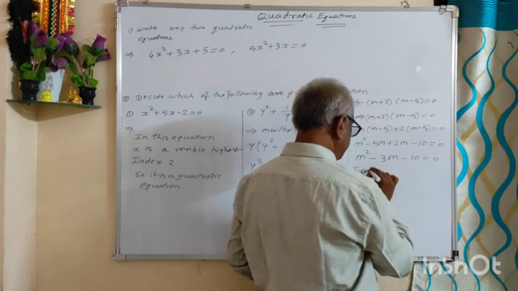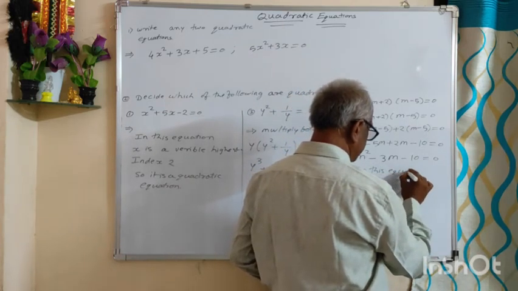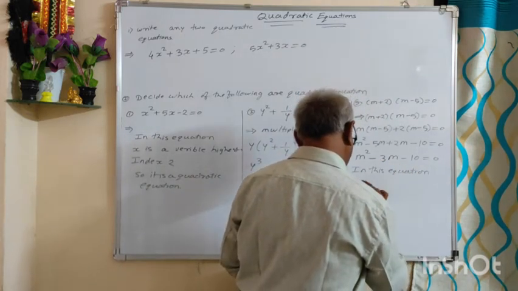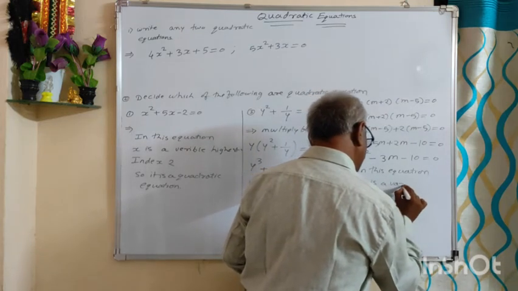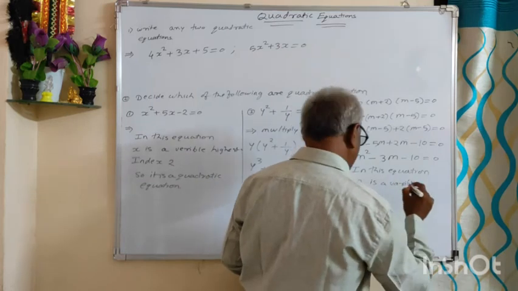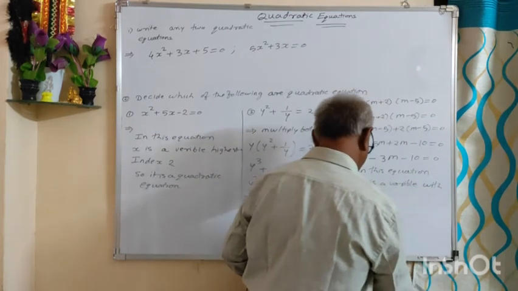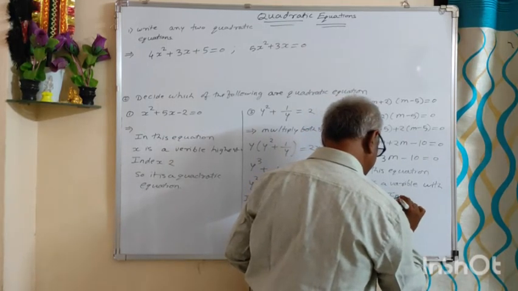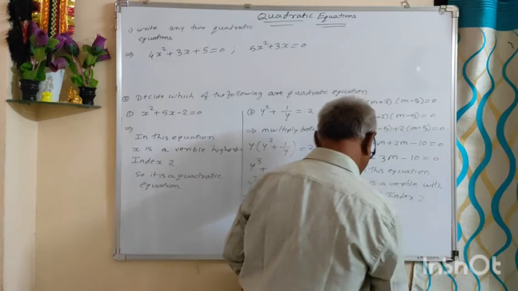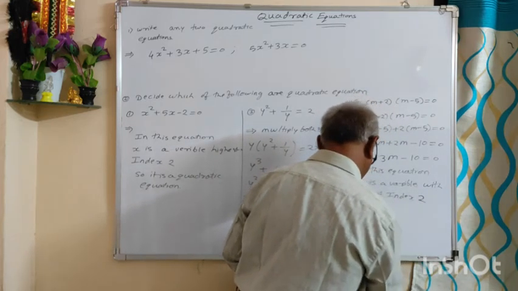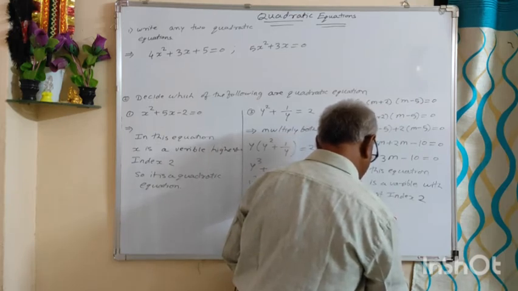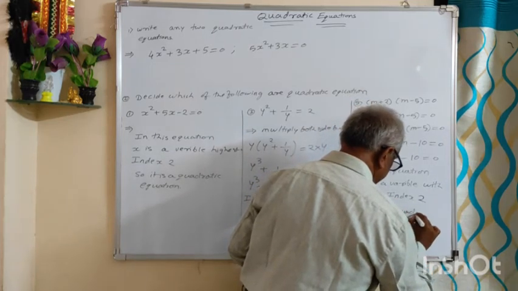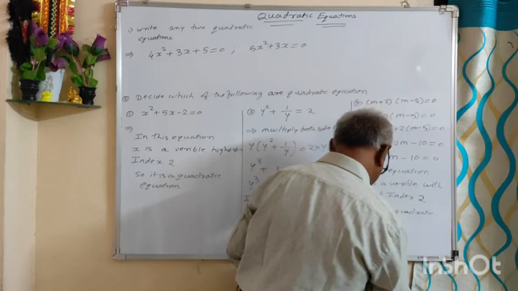In this equation, m is a variable with the highest index 2. So it is a quadratic equation.